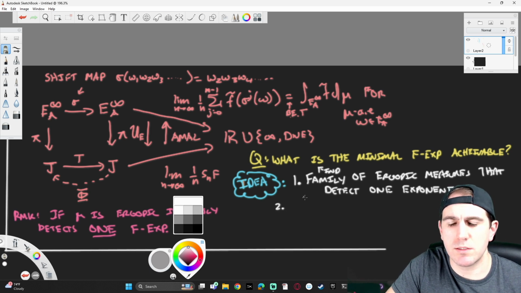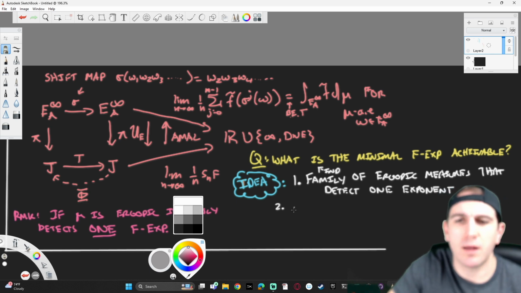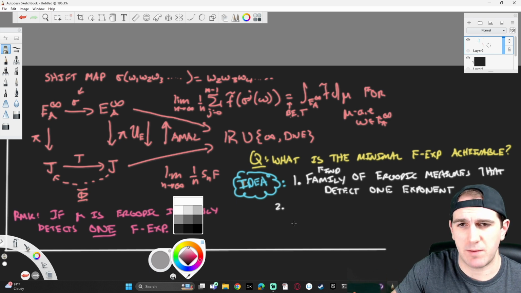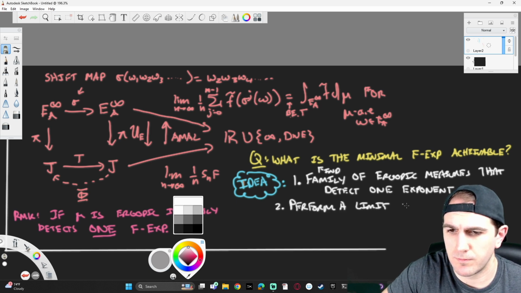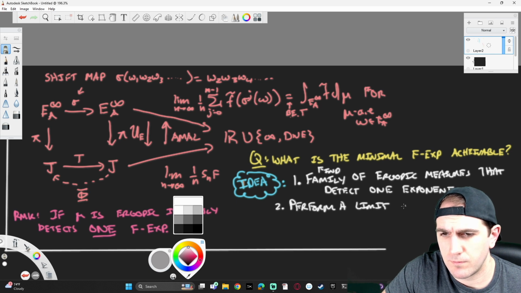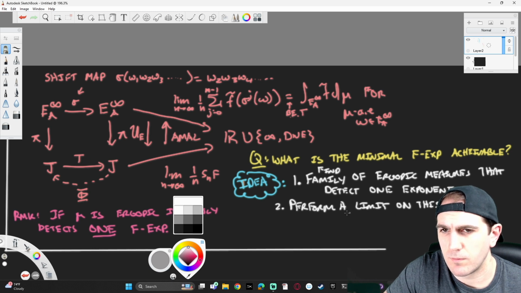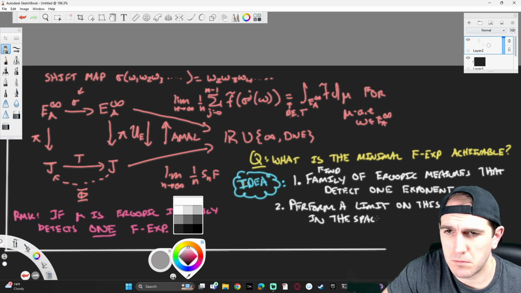Two, I want to somehow justify performing a limit of certain subsets of that family, and this is going to be in the space of measures.